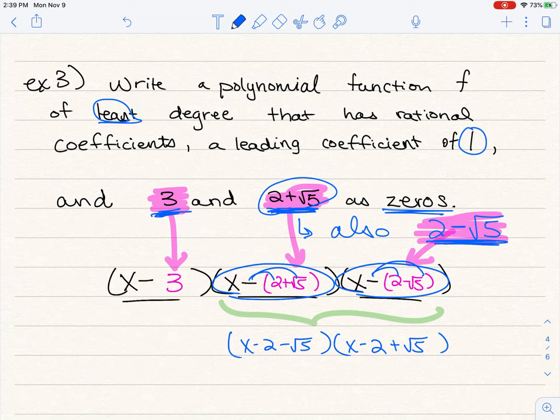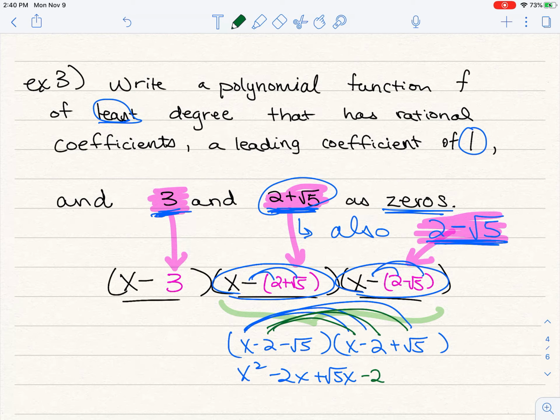Now we're not FOILing technically because there are 3 terms in each, but it's kind of the idea of FOILing. We're distributing to every term. So x times x is x squared. x times negative 2 is negative 2x. x times the root of 5 is positive root 5 x. Then the middle terms: negative 2 times x is negative 2x, negative 2 times negative 2 is positive 4, negative 2 times the root of 5 is negative 2 root 5.